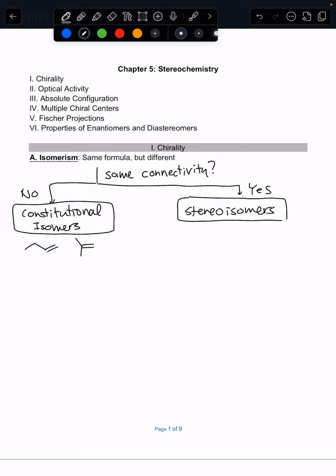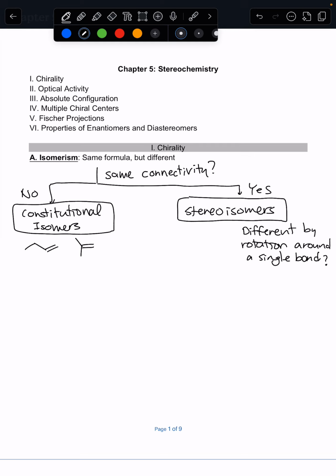The reason we're going through this diagram is because there are many different types of stereoisomers. Some of those we've encountered before already, like if the two molecules are different only by rotation of a single bond, then there was a word for that, right?